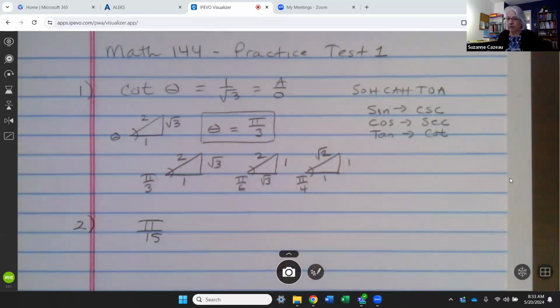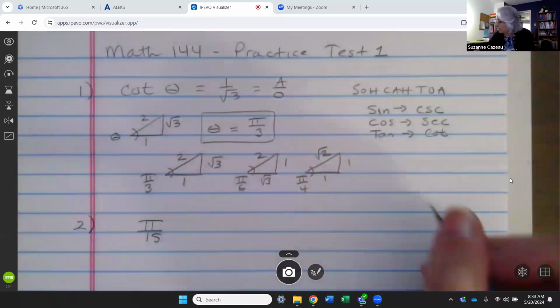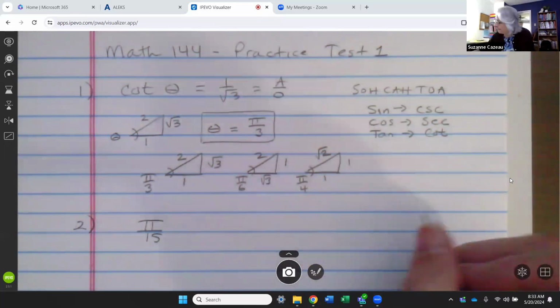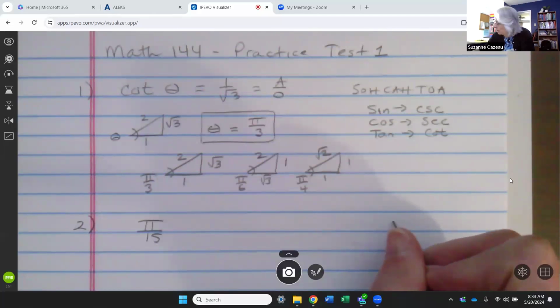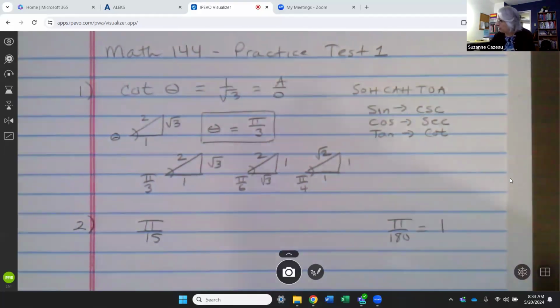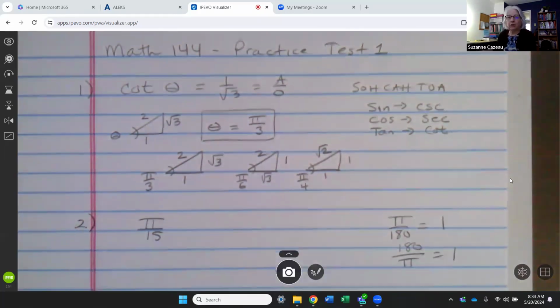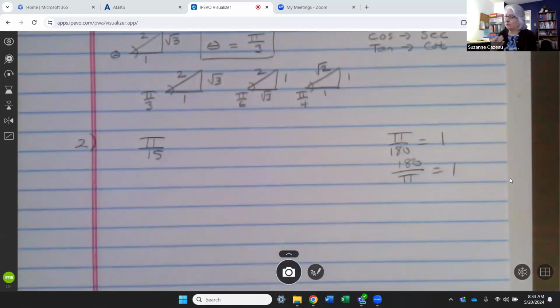So you know going around the circle is 2 pi, and if you go halfway, that's pi, and it's also 180. So pi over 180 equals 1, and also 180 over pi equals 1. You can multiply anything times 1 to get itself.